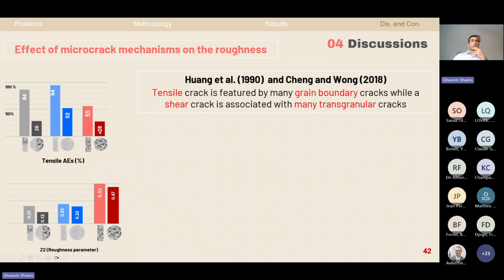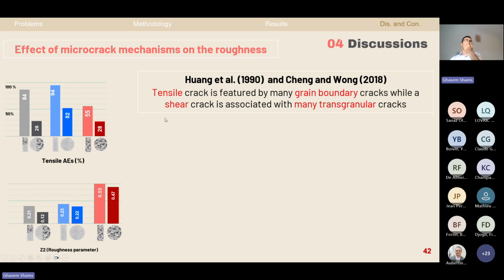You can see again, for mortar, we have a higher number of tensile microcracks and a rougher surface. The same for granite. For biomaterial samples, we have a higher number of tensile microcracks and a rougher surface.